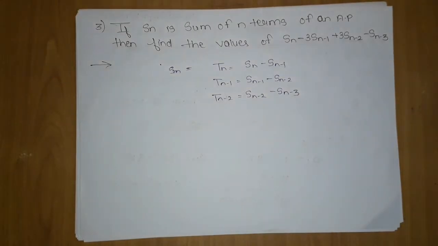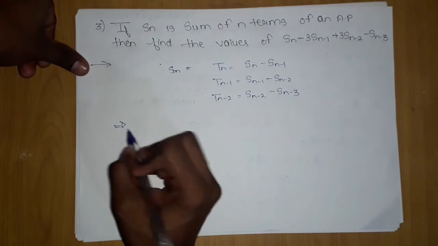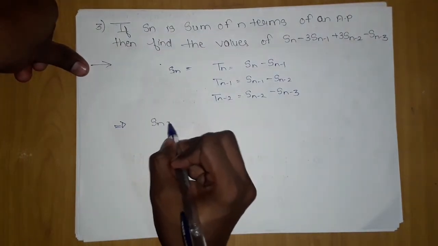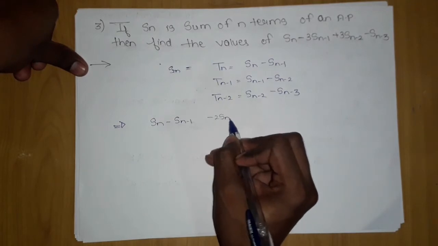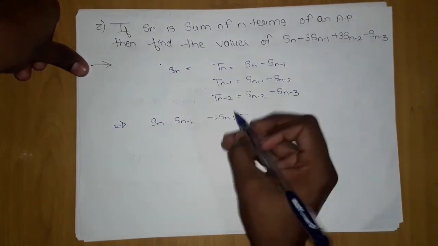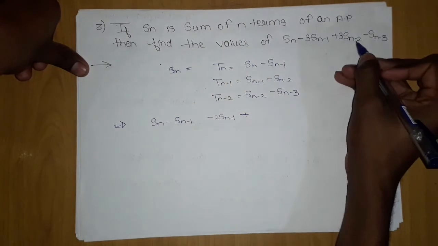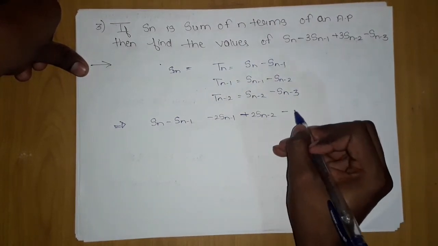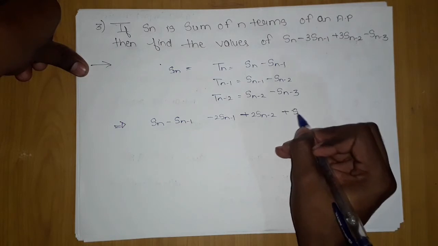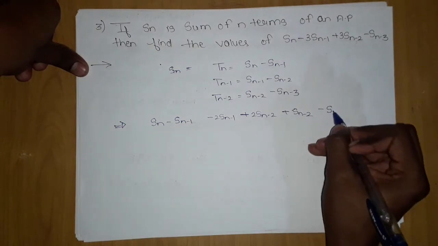Now let's just see the question. If you can see properly, if I write Sn minus 1, I have minus 2 Sn minus 1 left. If I break it in two parts, this 3 Sn minus 2, then I can write it as 2 Sn minus 2. Further, this will be 1 Sn minus 2, and this will be Sn minus 3.